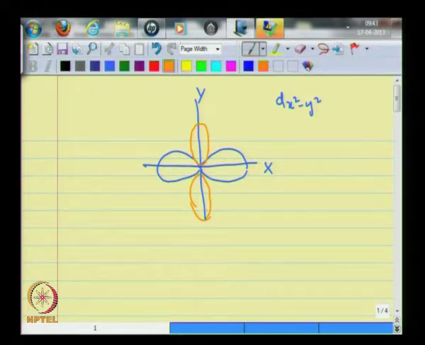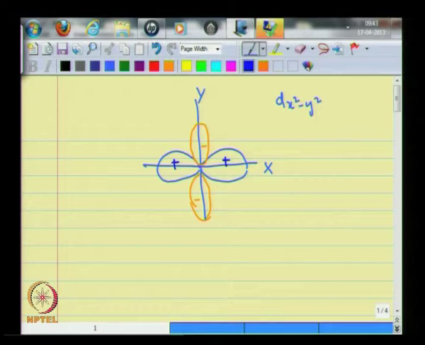And let me put the signs of these lobes. There is a negative sign here, negative sign there, these are negative regions for the wave function, and you have a positive lobe here, another positive lobe there.